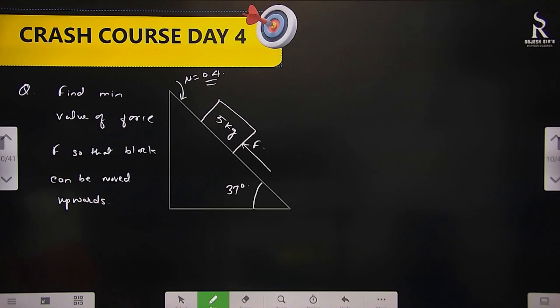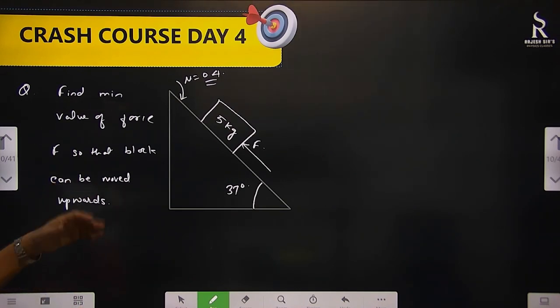Can be moved upwards. Okay, let's see. Just a moment. Okay. So find minimum value of force F so that the block can be moved upwards.